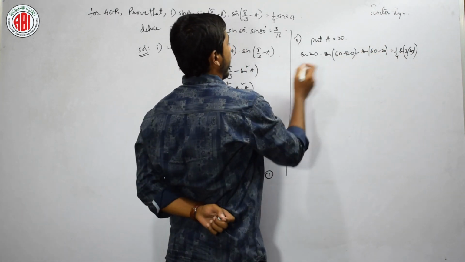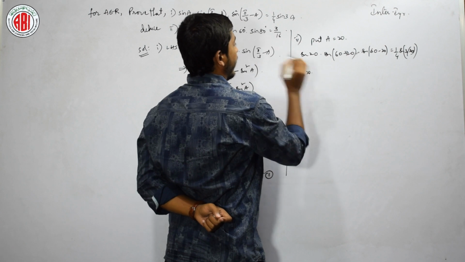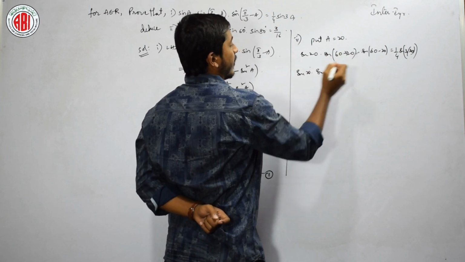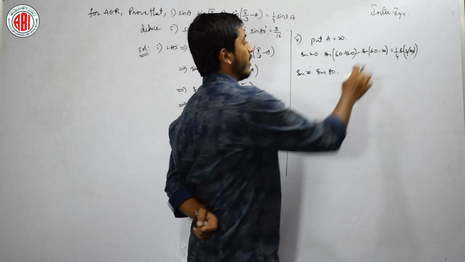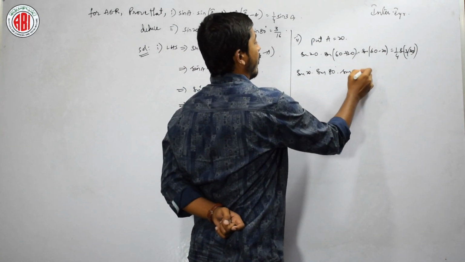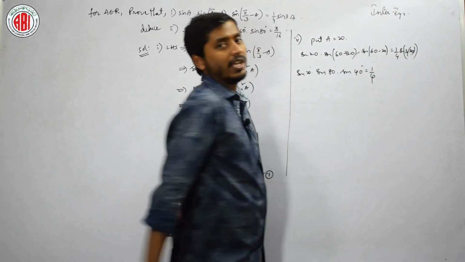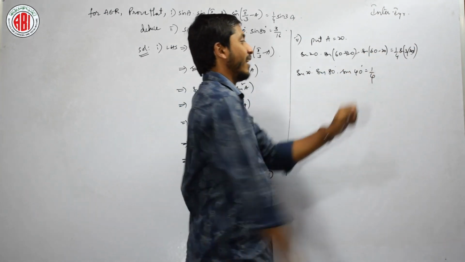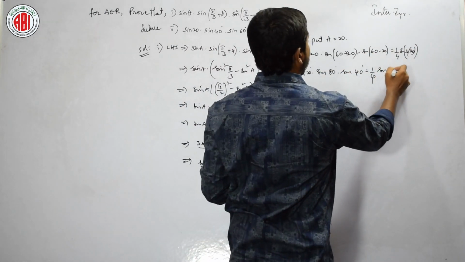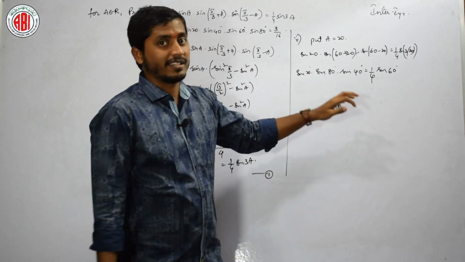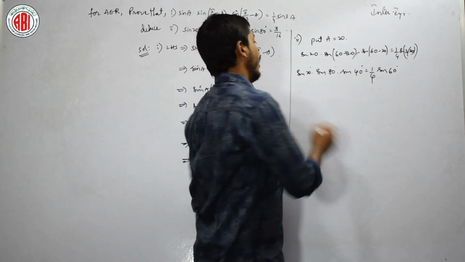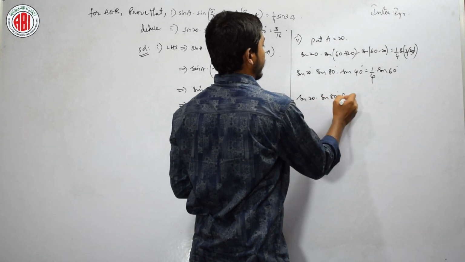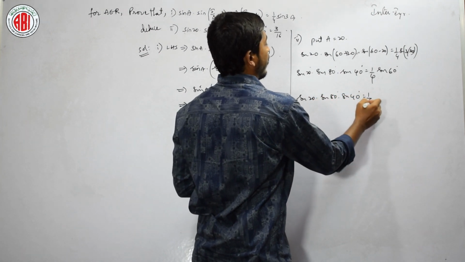Now let us write it here: sin 20 into sin(60 + 20), which is sin 80, and here 60 minus 20, that is sin 40, equal to 1 by 4 sin(3 into 20). What will it be? 3 into 20 is 60, so it will be sin 60. Hope you can understand till here what we discussed. Now let us write it as sin 20 into sin 80 into sin 40 equal to 1 by 4.